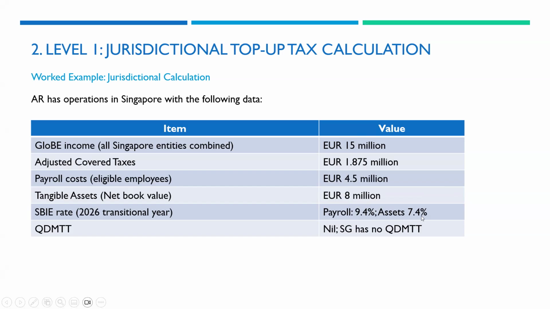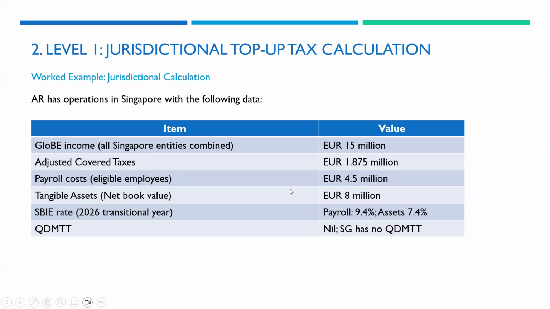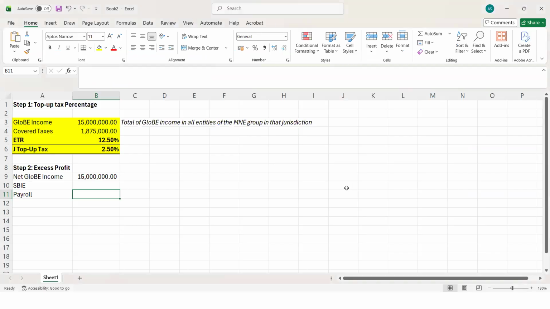Okay. So let's calculate the substance-based income exclusion. So what is the payroll cost? Payroll cost is 4.5 million.